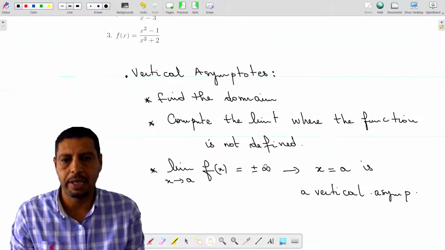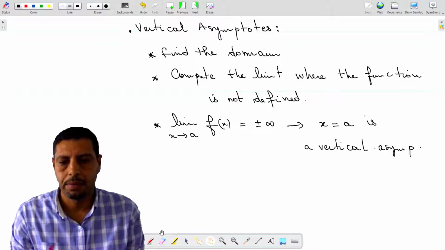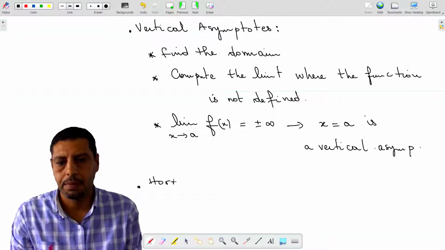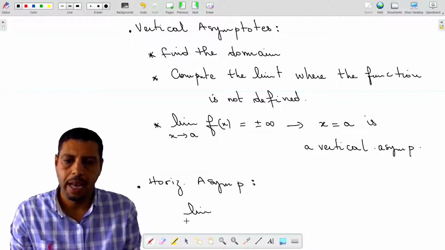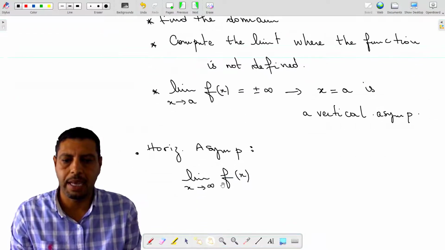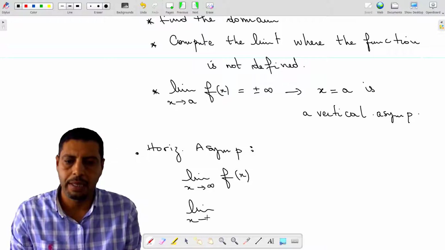But what about horizontal asymptotes? For horizontal asymptotes, you have to compute two limits. The limit as x approaches infinity of f of x, and the limit as x approaches negative infinity of f of x.